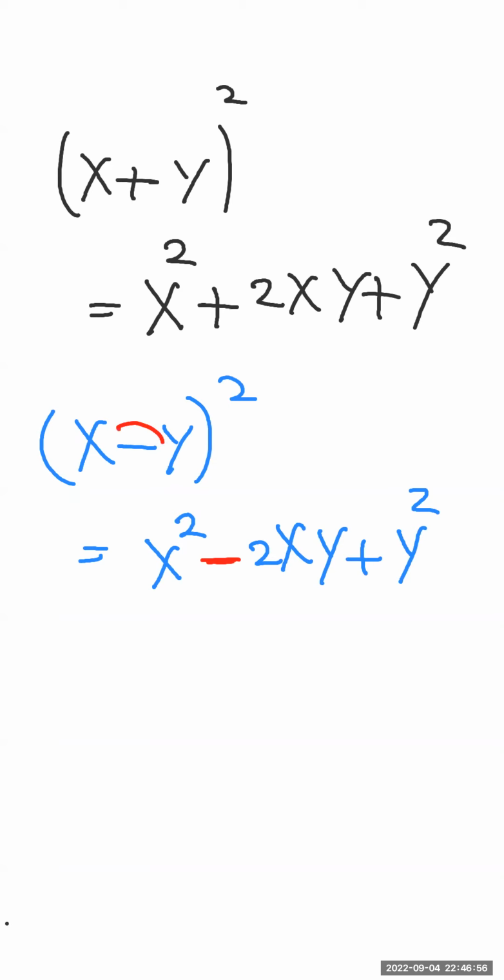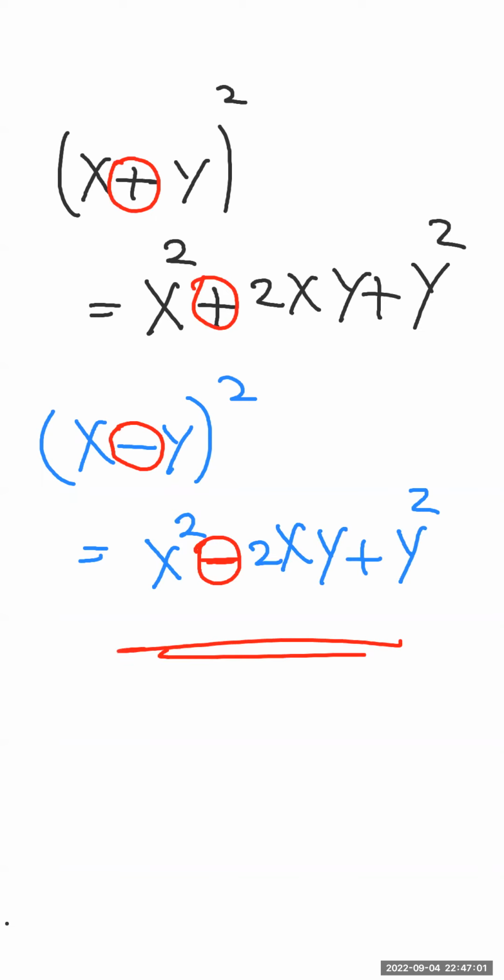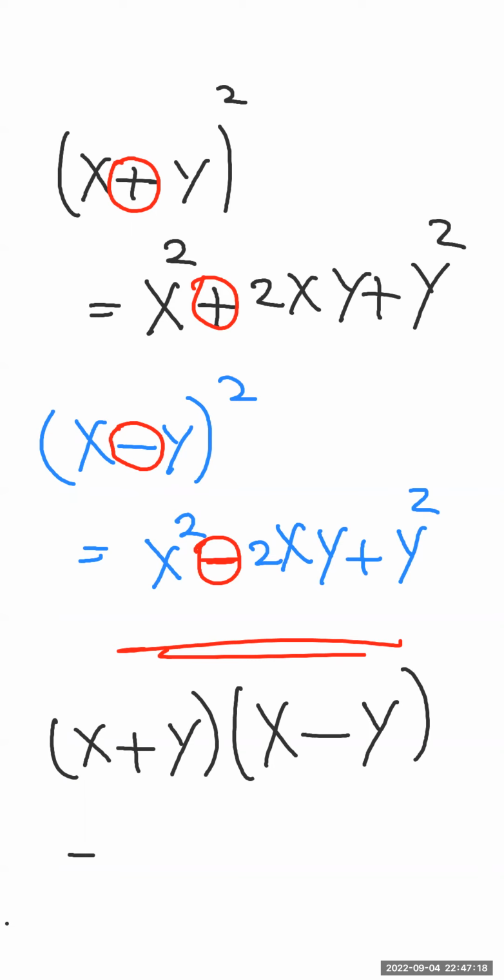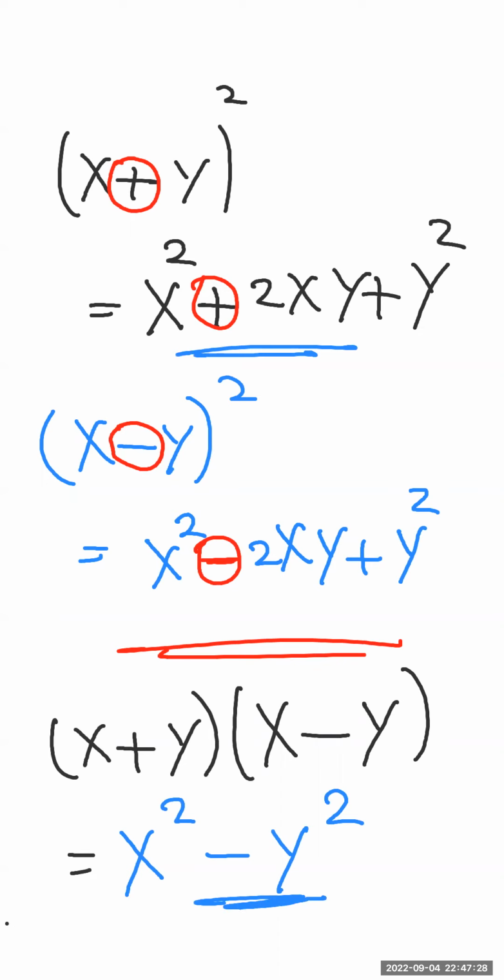If it's a minus, so minus. If it's a plus, so plus. That was what we studied in prep 1. And also there is one more rule. If there is x plus y times x minus y, it will equal the first term squared minus the second term squared. So those were the 3 main rules which we studied before. It's very important, and it's also mentioned in the book as a reminder.